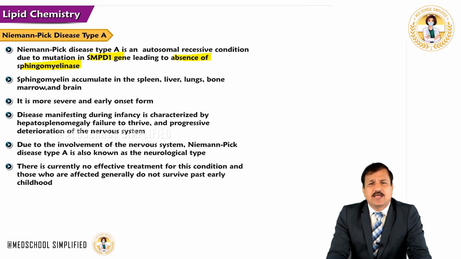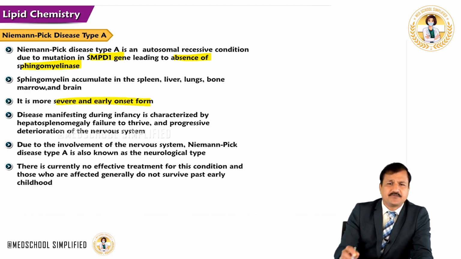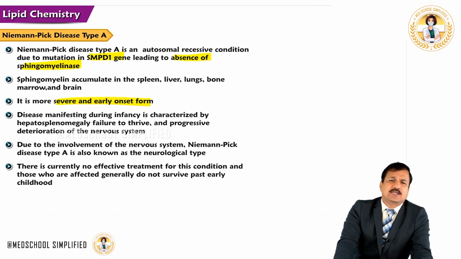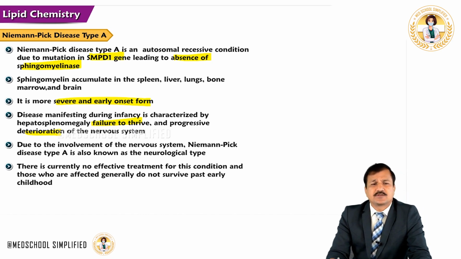So because of the absence of sphingomyelinase, sphingomyelin accumulates in the spleen, liver, lungs, bone marrow, and also most importantly the brain. So type A Niemann-Pick disease is more severe and the age of onset is early. The disease manifests during infancy and is characterized by hepatosplenomegaly, failure to thrive, and progressive deterioration of the central nervous system.